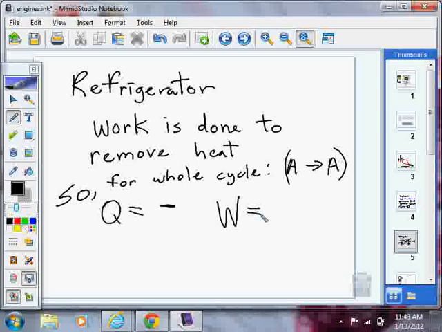But this requires work. Now the gas is not going to be doing the work. The work has to be done by some outside mechanism. So the work in this case is positive. And as a shortcut, if you looked at the PV graph and you saw a closed loop, and it was going counterclockwise, you're like, oh, that's representing a refrigerator.